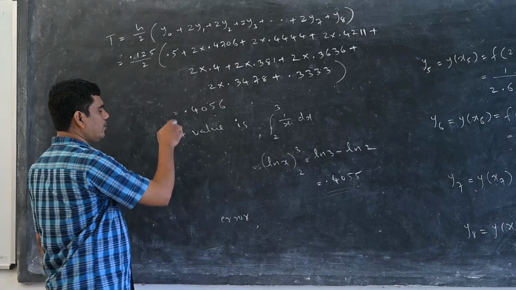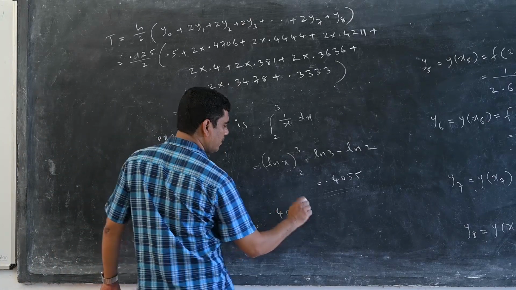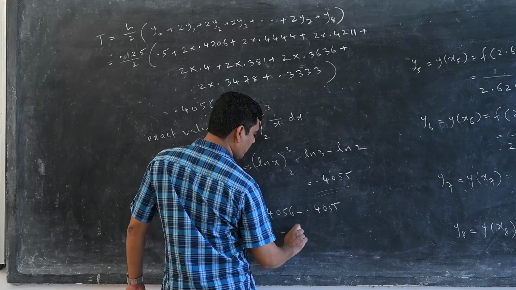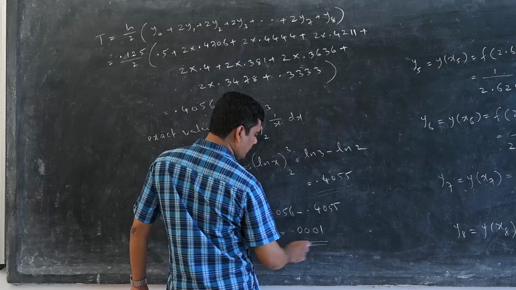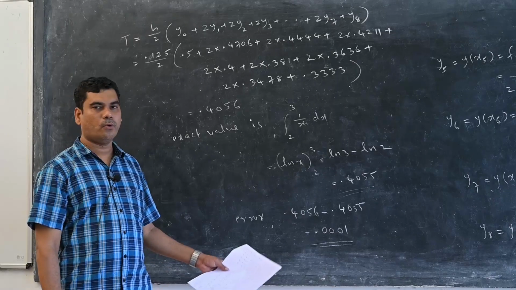It is 0.4056 minus 0.4055, which is 0.0001. This is the error that occurred.